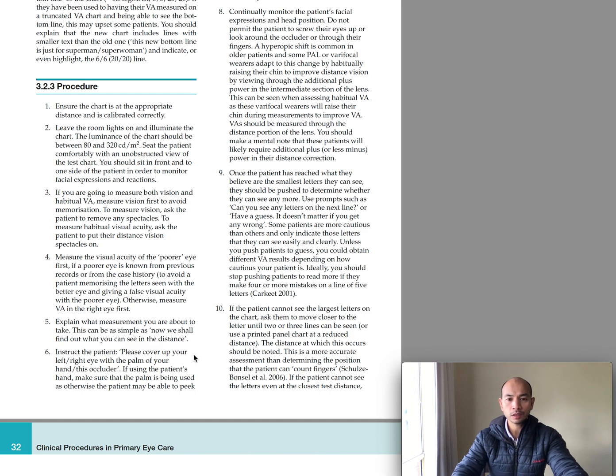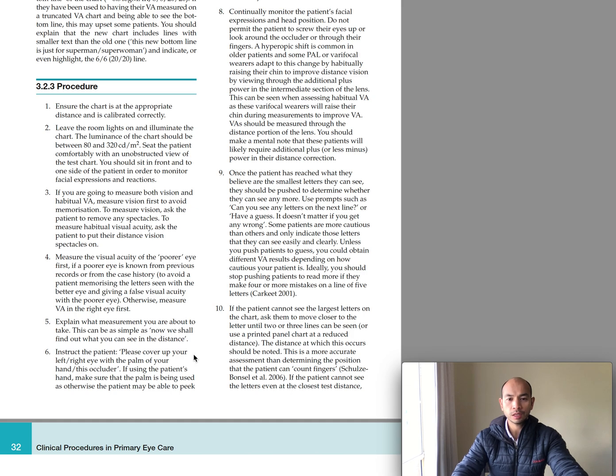If the patients cannot see the largest letters on the chart, ask them to move closer to the chart until 2 or 3 lines can be seen, or use a printed panel chart at a reduced distance. The distance at which this occurs should be noted. This can be a more accurate assessment than determining the position at which the patient can count fingers.